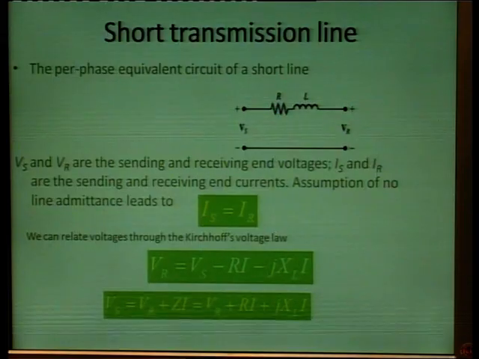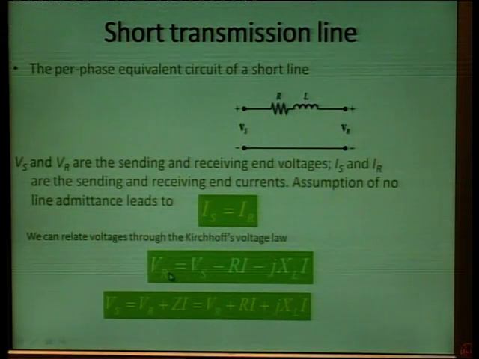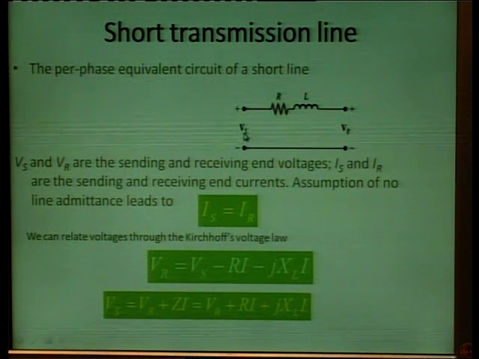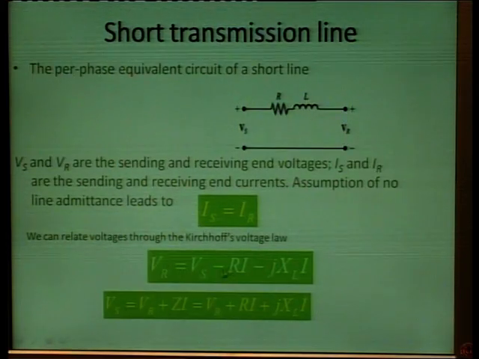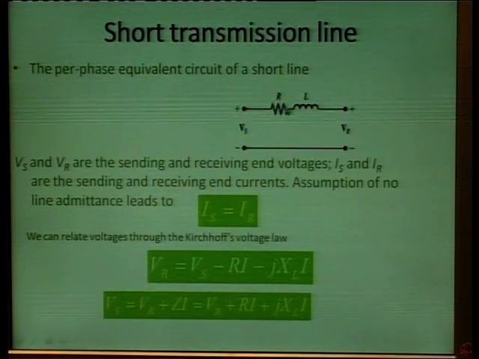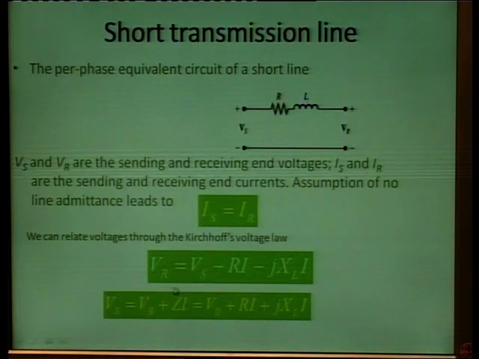From these two equations, we can write the receiving end voltage Vr, which is lesser than the value of Vs due to the drop across R and L. So Vr is equal to Vs minus the drop across R and L. The drop across R and L can be written as IR and jIXL. So Vr is equal to Vs minus IR minus jXLI.